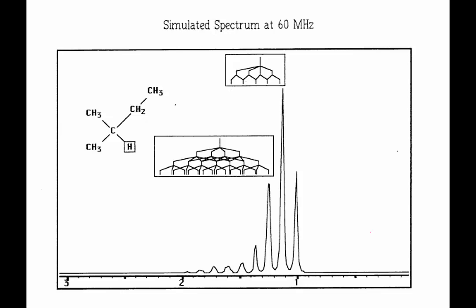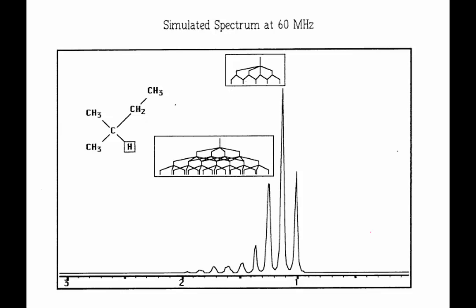So what do we do? I want to spread the peaks apart in Hertz. The coupling constant is constant. So you can't change the coupling constant. If we were to have a quiz next week, I would ask, which one of these things can you change by going to a higher magnetic field?